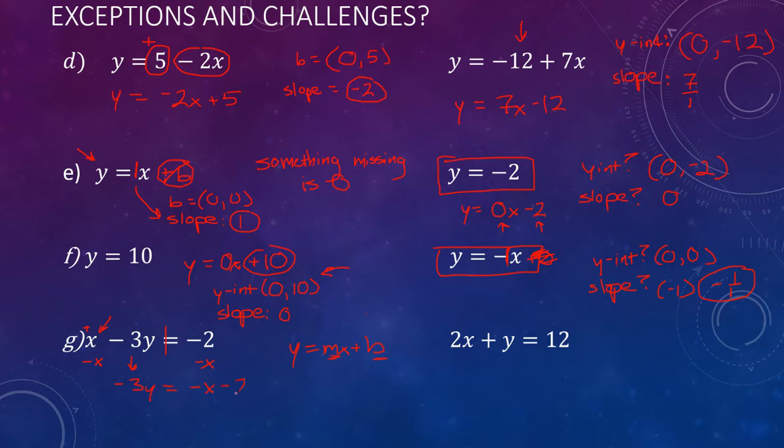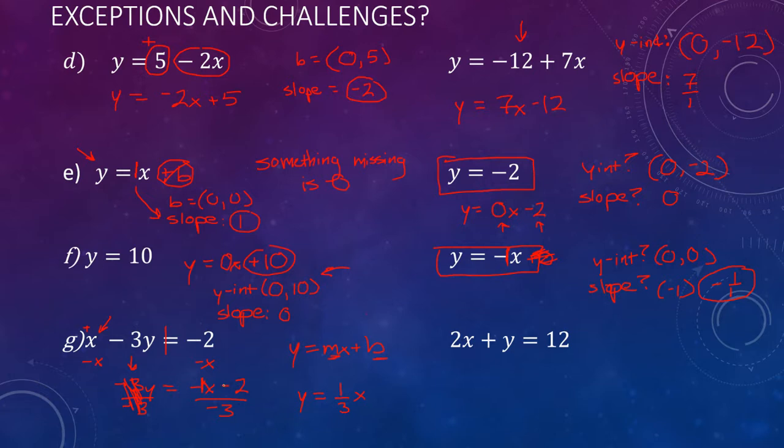I'm going to start setting it up in mx plus b format. Then I'm going to divide by a negative 3, divide by a negative 3. And remember, we learned that trick with fractions like this. Instead of leaving it as a fraction, let's divide each thing by negative 3. So we have a negative x, that's a negative 1x, divided by a negative 3 is a positive 1 over 3, and we can just put the x in front of it.